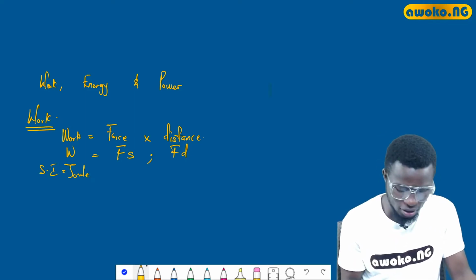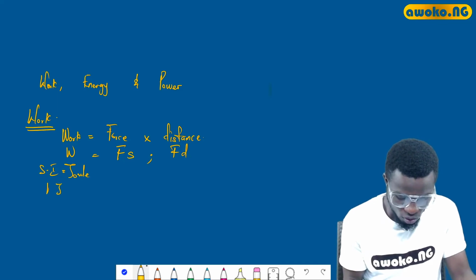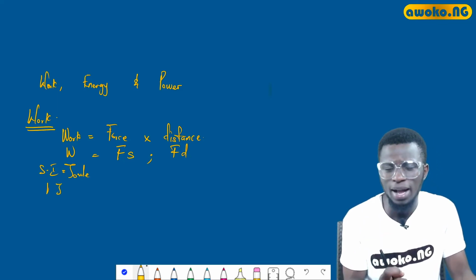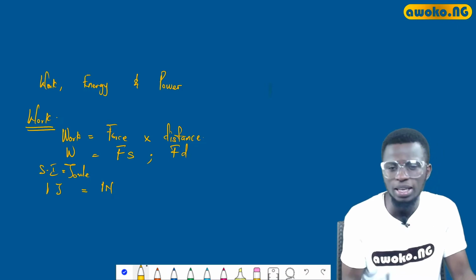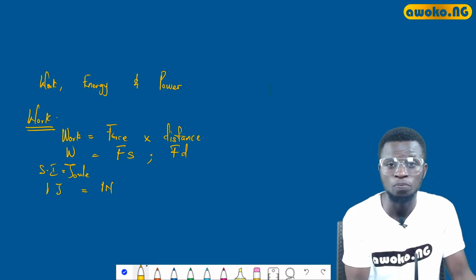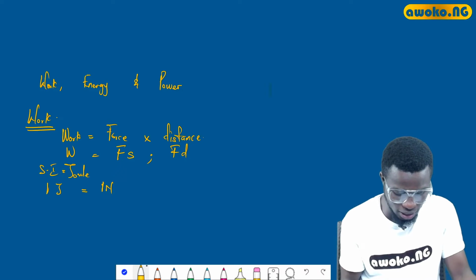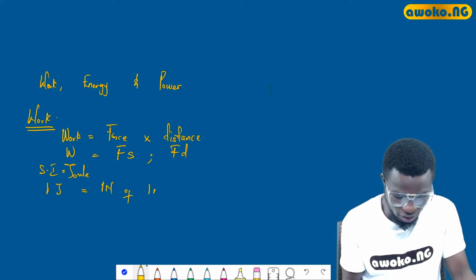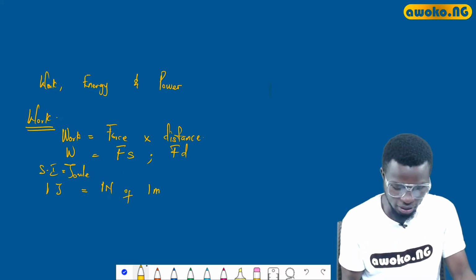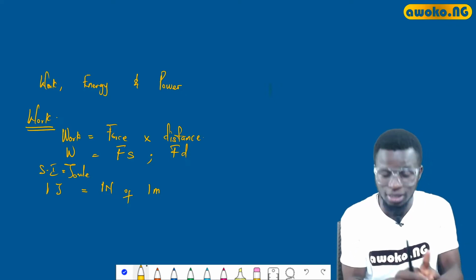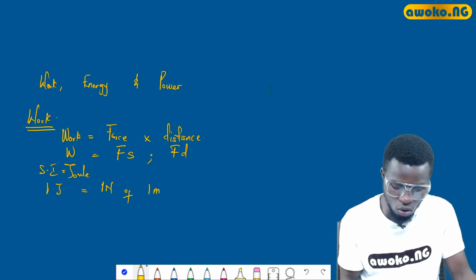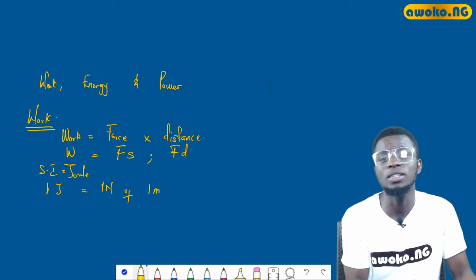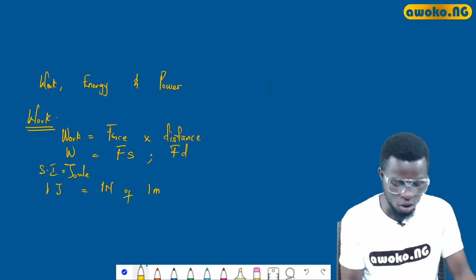And we say that 1 joule is the work done by a force of 1 Newton in moving a body from one particular point through a distance of 1 meter, and it acts in the direction of the force. So 1 joule equals 1 Newton moving a body through a distance of 1 meter.